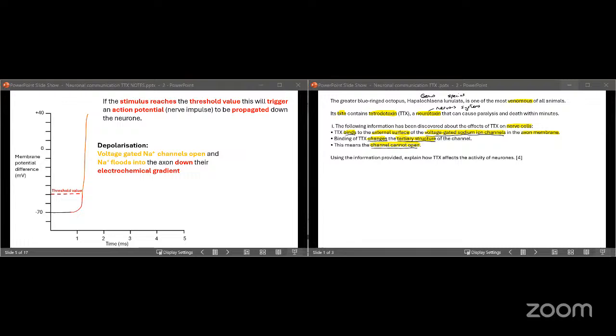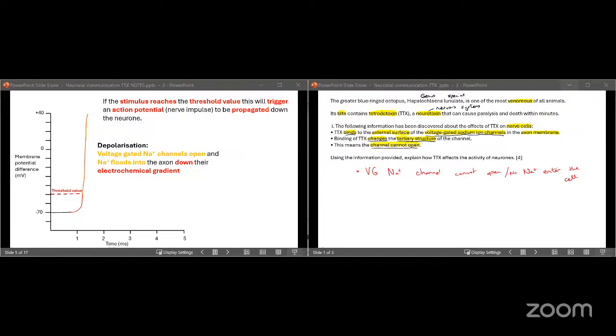So if my voltage-gated sodium channel cannot open, that therefore means that sodium is not going to enter the cell. So voltage-gated sodium channel cannot open, therefore no sodium will enter the cell.